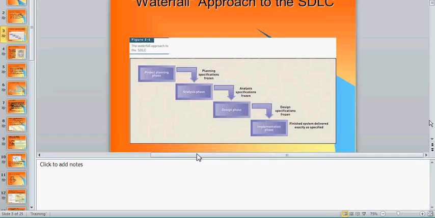Now look at this model itself. Can you tell me who is the key player in each phase? Key player in the planning phase. The stakeholder. Very nice, Lipsy. Why? Because it is the stakeholder, the business, who's telling you what the problem is, what kind of solution they need, what are their business objectives, right?